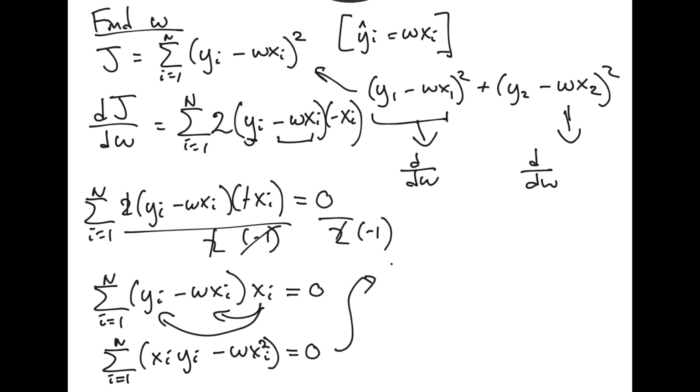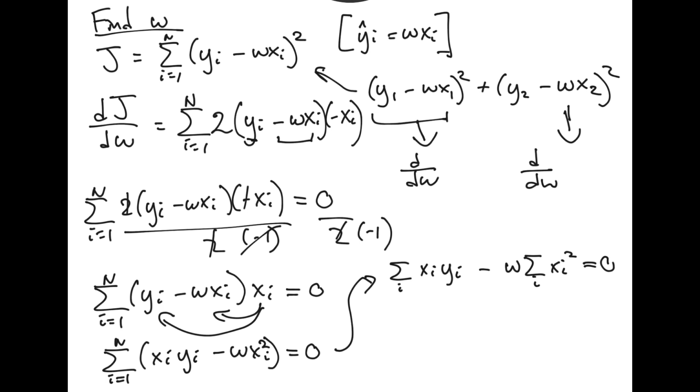That gives us the sum over i of x sub i y sub i, minus, now you can bring the w outside of the sum because w is not dependent on i, so w comes here, and we have the sum over i of x sub i squared, equals 0.